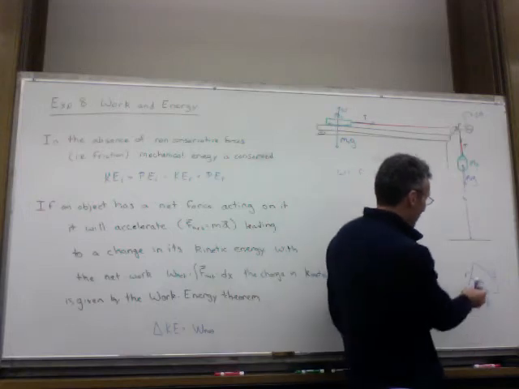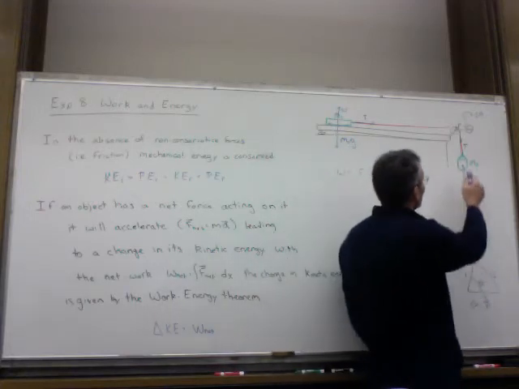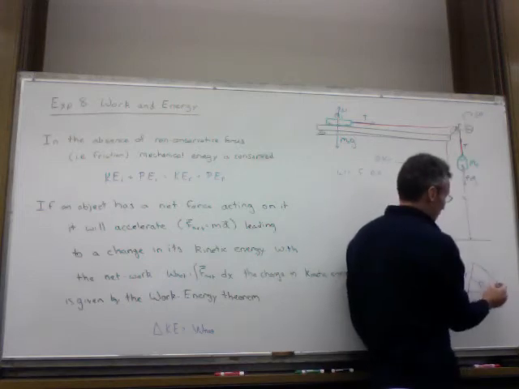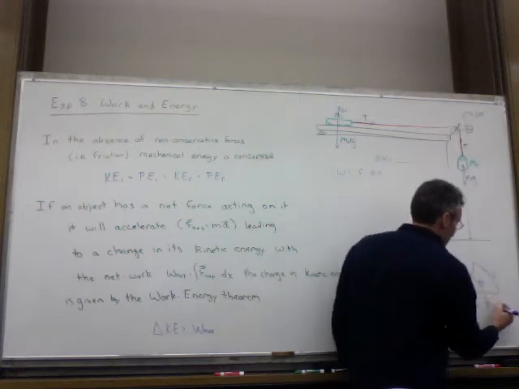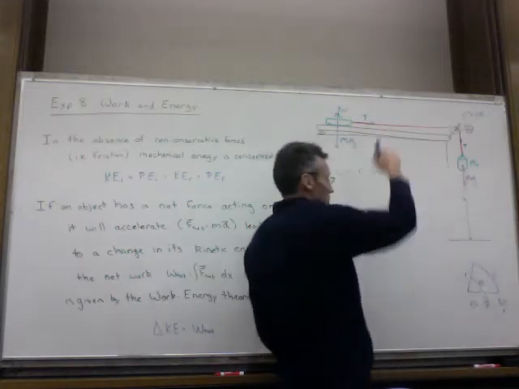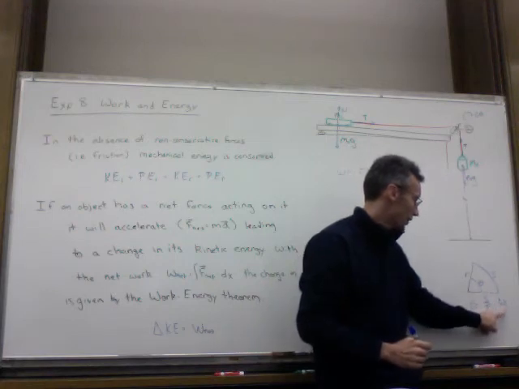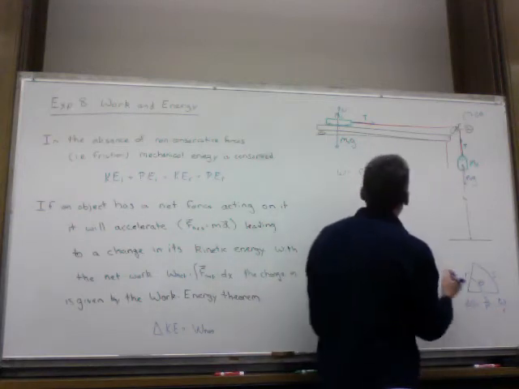Okay, so, as the pulley rotates through an angle theta, the distance the string moves is this arc length s. Okay? That's also the distance that our block falls and our cart moves over. And so we can rearrange this and say that delta x is equal to r times delta theta.